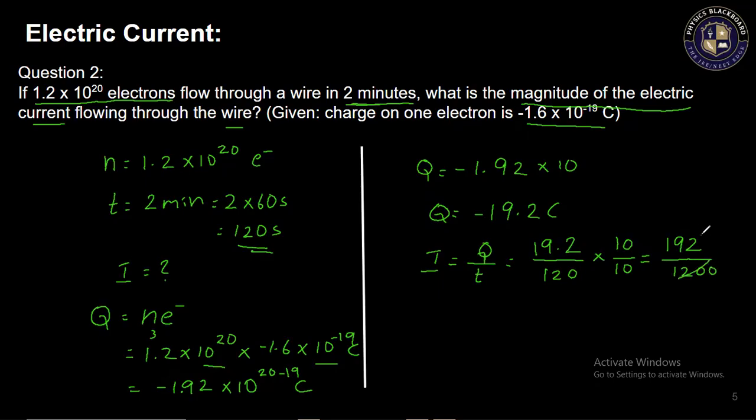1200. So if I solve it further, I will get, let's say, 0. Right? 192 is less than 1200, so 0 point. So it becomes 1920, that is 1920. So 1200 into 1.